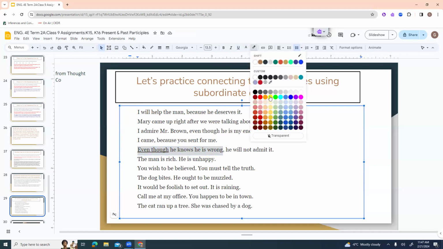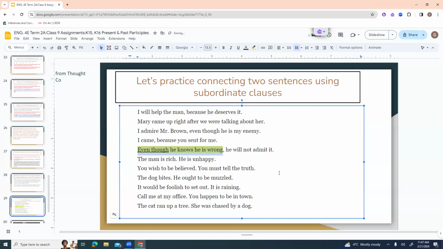So remember that these can come at the beginning or at the end. It's totally legitimate to put the comma there because it's the even though that is actually joining those two sentences. It looks strange because it's at the beginning, but we do say that kind of thing all the time. So that's one time where it might look like you're using a comma, but actually you're using the subordinating conjunction.